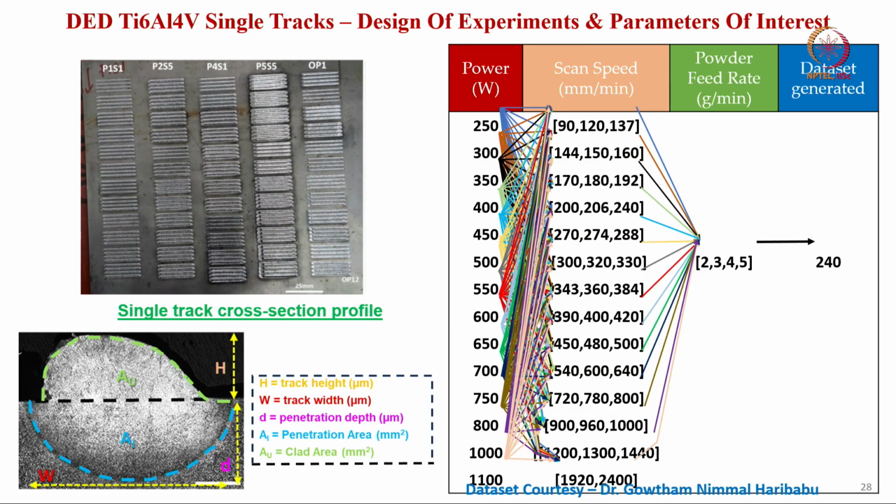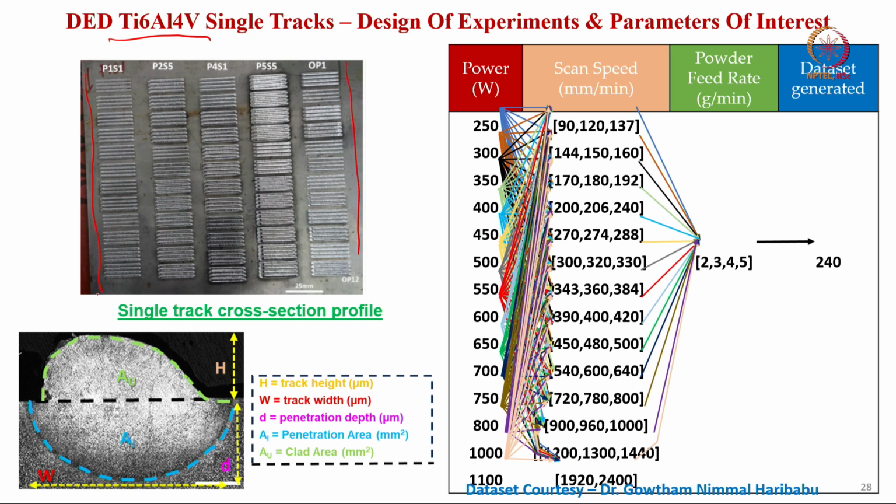For other materials like titanium 6 aluminum 4 vanadium, in one of the earlier lectures I showed the regression study of stainless steel 316. Depending on the materials and the combination of parameters that you use to generate the complete data sets, and also the quantum of data sets, you can see how the different combinations of parameters are used to generate these single tracks.